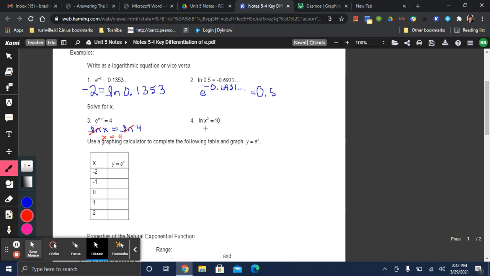If you have a logarithmic equation, remember that your base is e, your exponent, logs equal exponents, so e to the 10th would equal the argument x squared. Now, I do this one because I want you to know you square root each side. And so when we square root on e to the 10th, then you get x equals, so when you square root, you get two answers, so plus or minus.